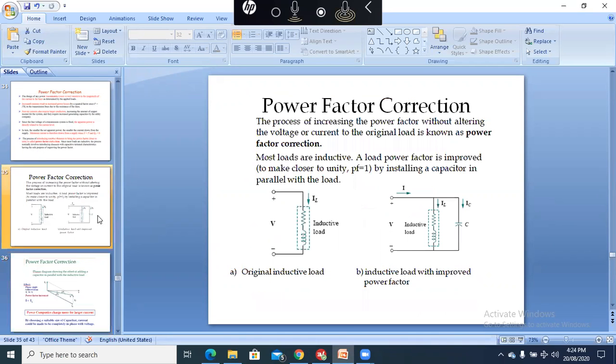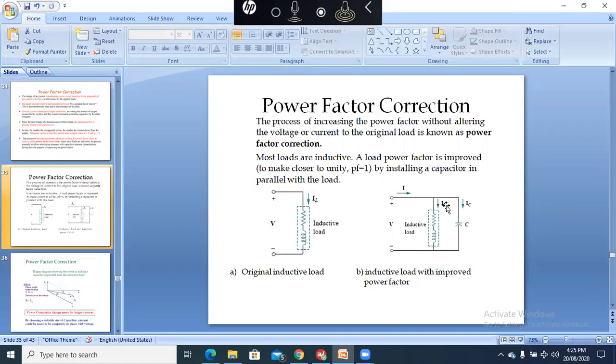So we see that, for example, we have an inductive load in nature, and what we will do is install a capacitor in parallel to this inductive load, and by doing this, we are only improving our power factor, making it towards unity.